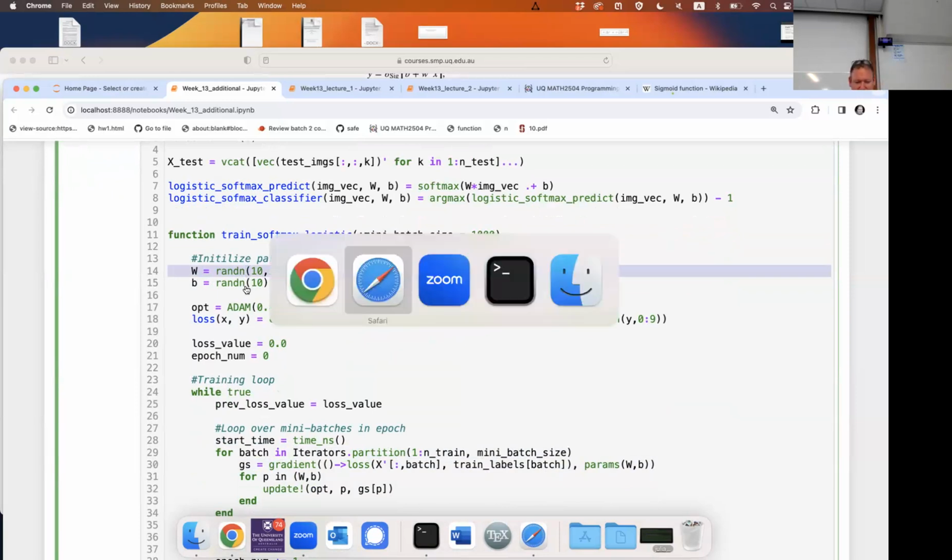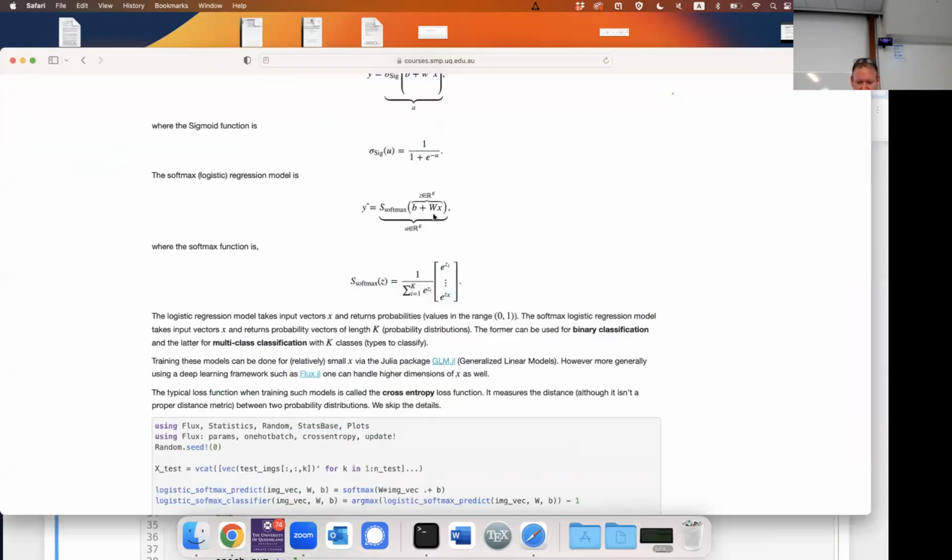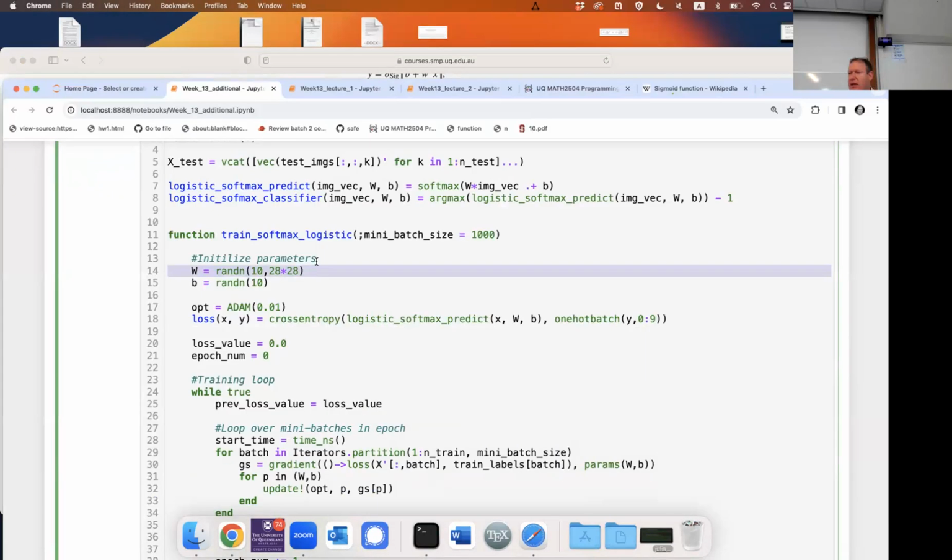The same guys that we've seen here, W and B. The deep learning framework keeps those under the hood as tracked parameters, as parameters that you keep optimizing on. So there's a bit of magic that's happening here.